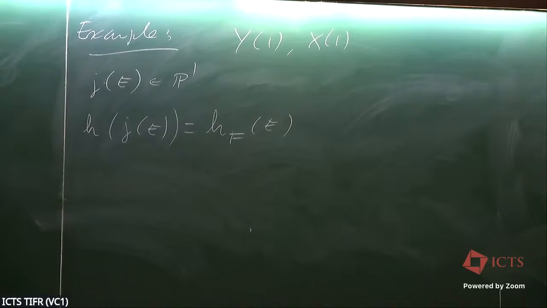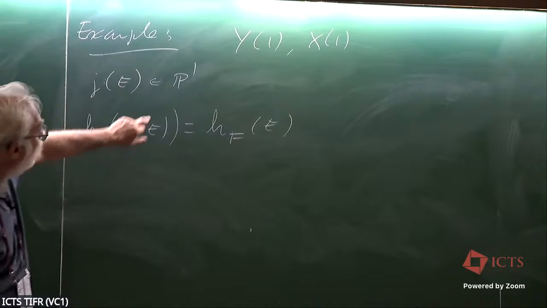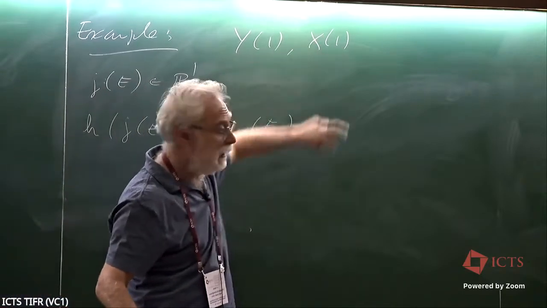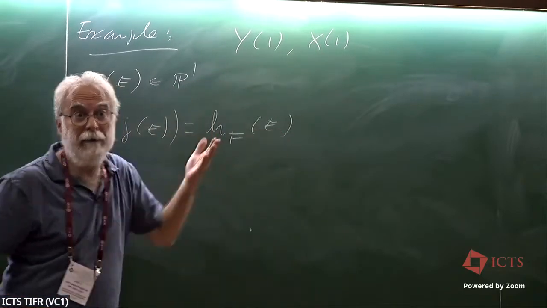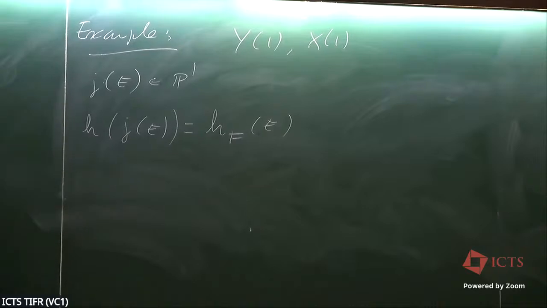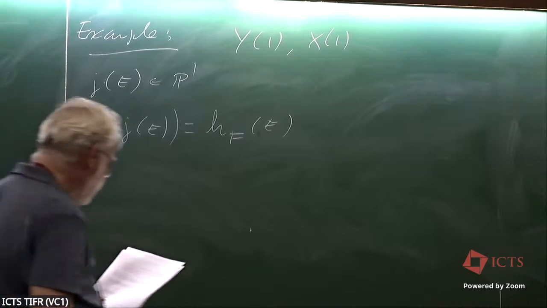And I can say, okay, since my points in P1 through the modular curve parameterize elliptic curves, I can define a new height in P1, which is saying, okay, the height of a point is just the corresponding height of the elliptic curve. Now I can give a precise definition of this.